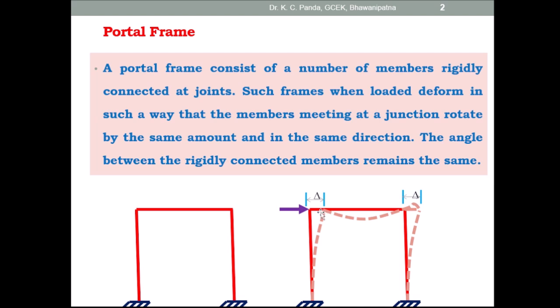Before loading, this is the angle between the members, and after loading the angle between the members remains the same. Both the angles remain the same. Due to unsymmetrical loading or due to lateral loading, the translation of the joint takes place. The translation takes place by the same amount.